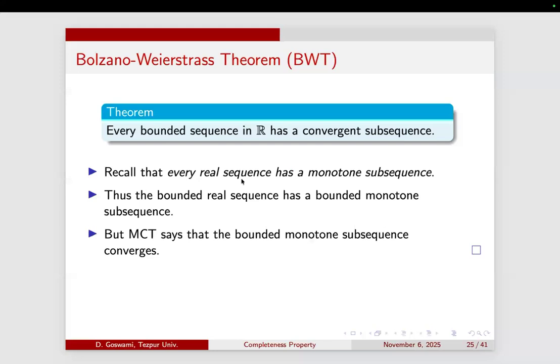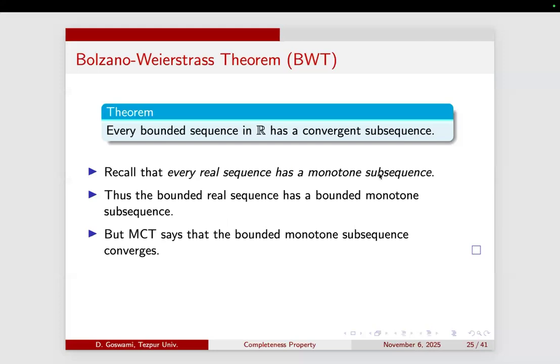Every real sequence has a monotone subsequence. Thus, a bounded real sequence has a bounded monotone subsequence. But a bounded monotone sequence converges, so this subsequence must converge. So this relies on the fact that any sequence has a monotone subsequence, which I have skipped, right?